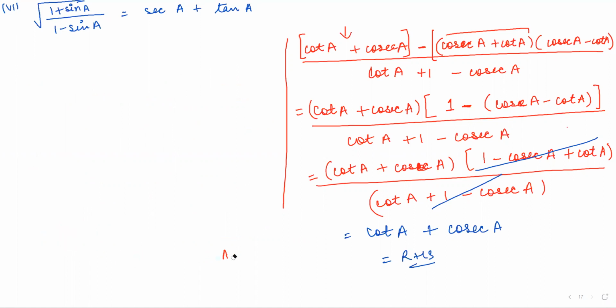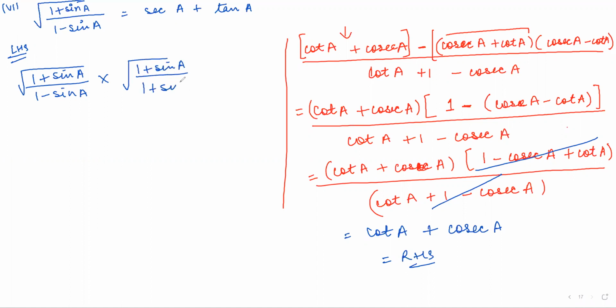So the LHS I'm taking is under root of 1 plus sine A divided by 1 minus sine A. So just multiply it by under root 1 plus sine A divided by 1 plus sine A, right? The same number I'm dividing and multiplying. So in the numerator, I get 1 plus sine A, correct? Because the square root multiplied will go.